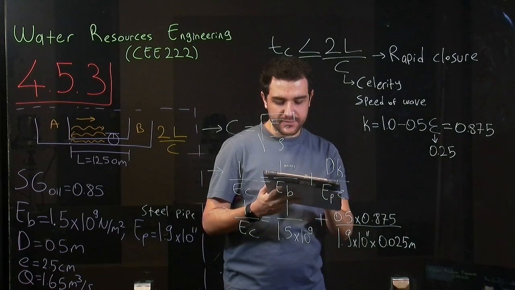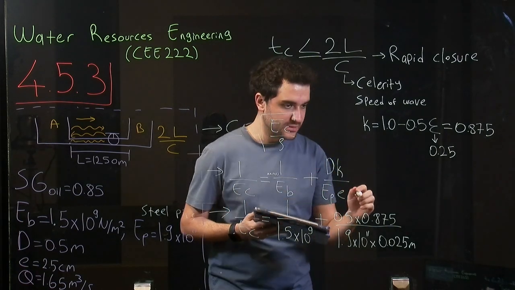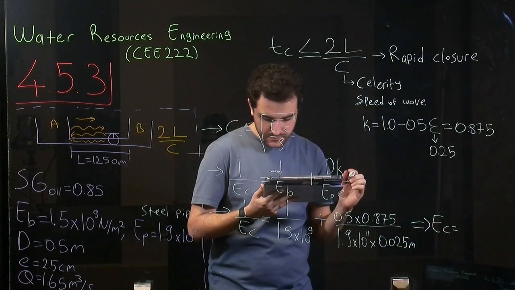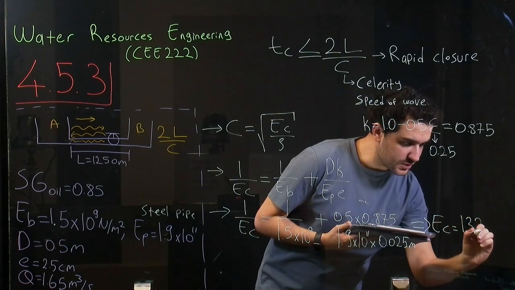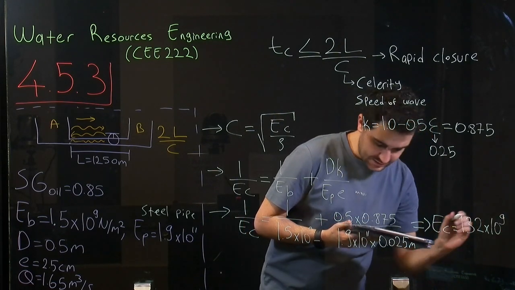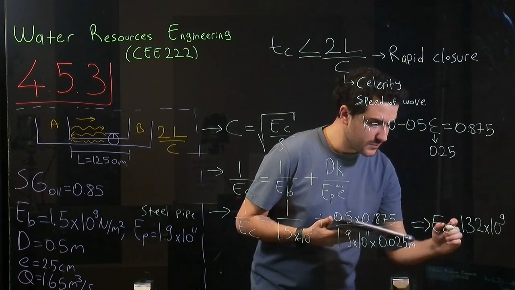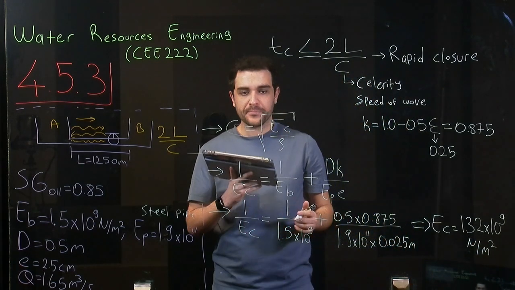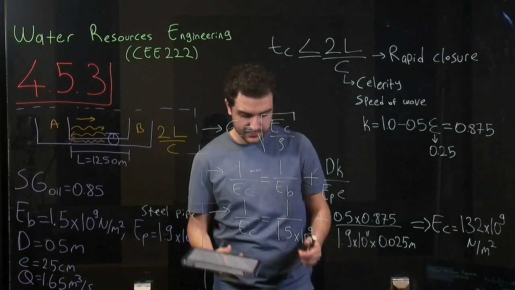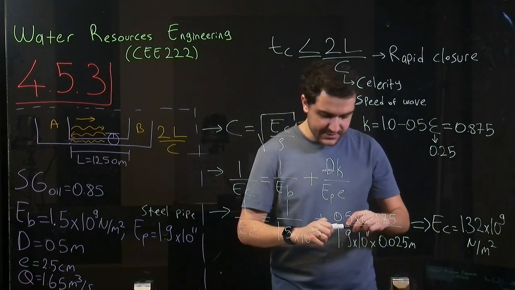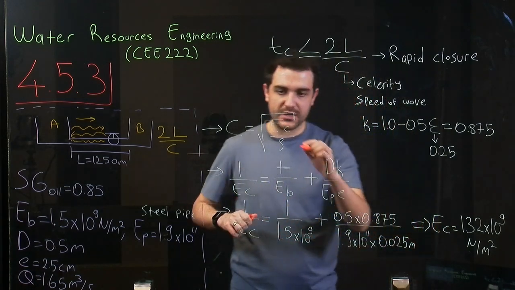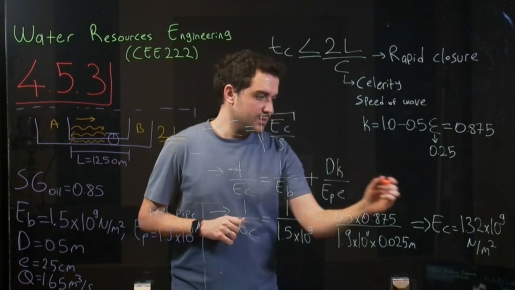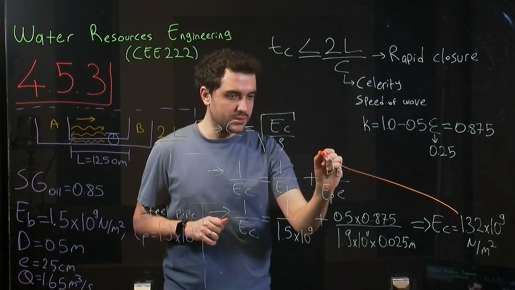Okay, now we have the equation, and from there the EC is 1.329 times 10 to the power of 9 Newton over square meter. So here we are just going to substitute this value, which is EC, with the actual value.